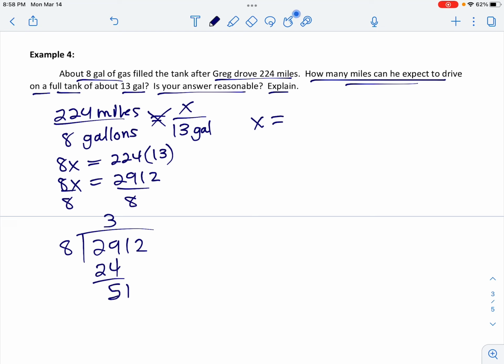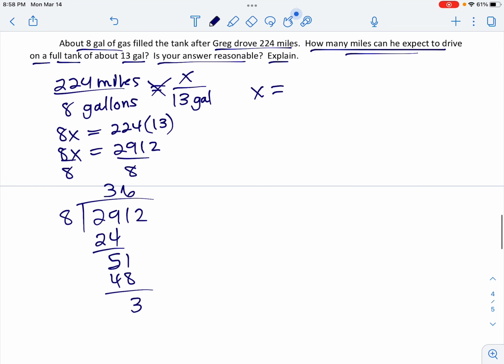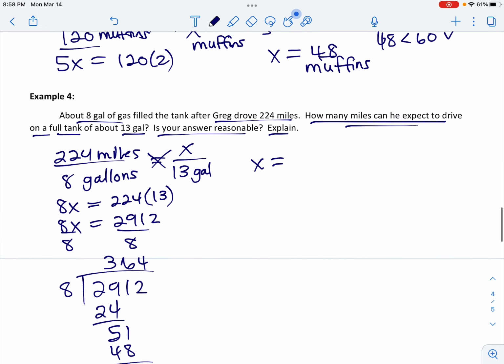Bring down the 1. 8 times 6 is 48. That equals 3. Bring down the 2. And then 8 times 4 is 32. So x equals 364 what?